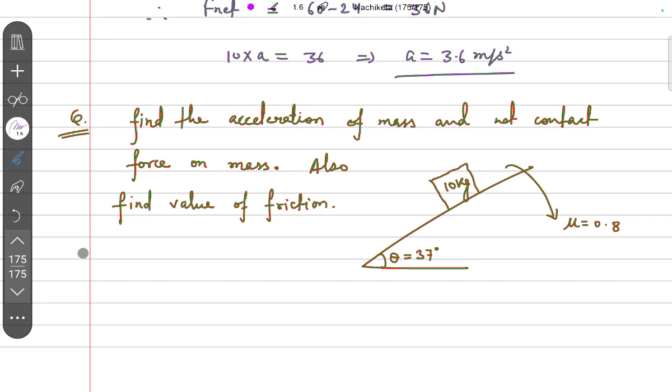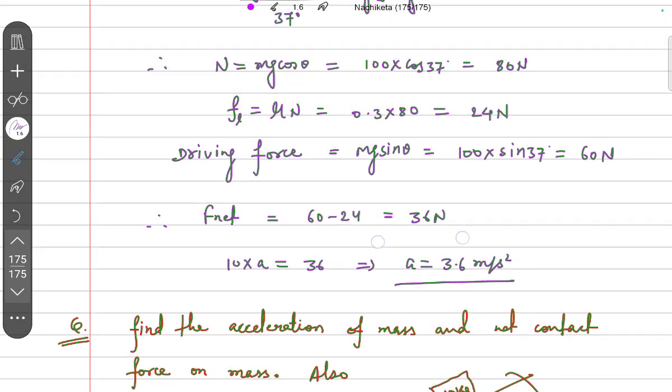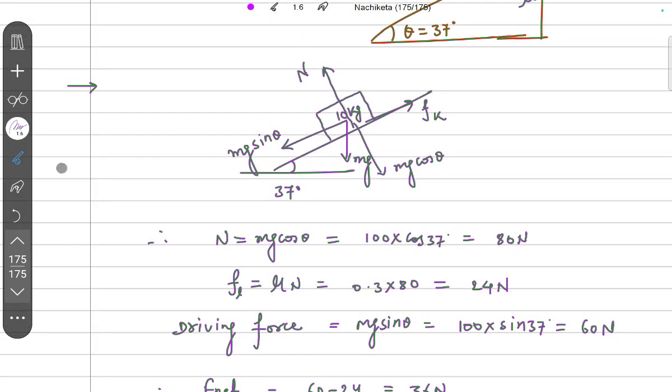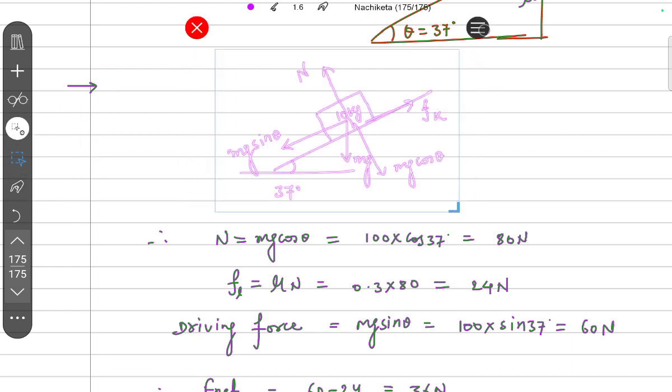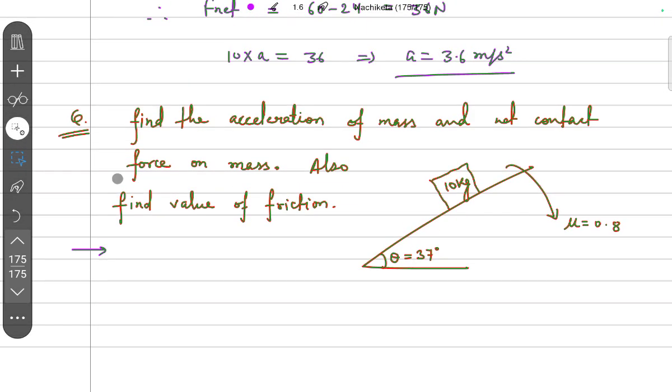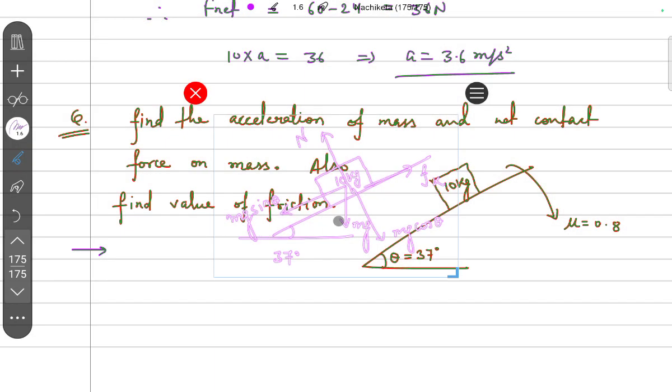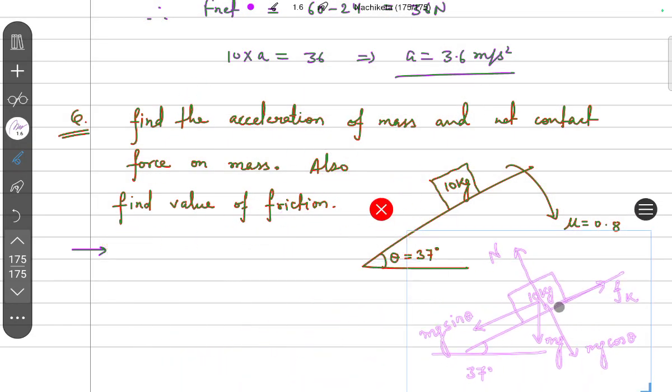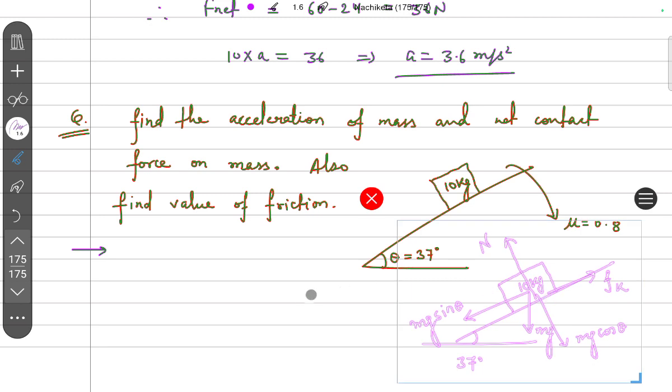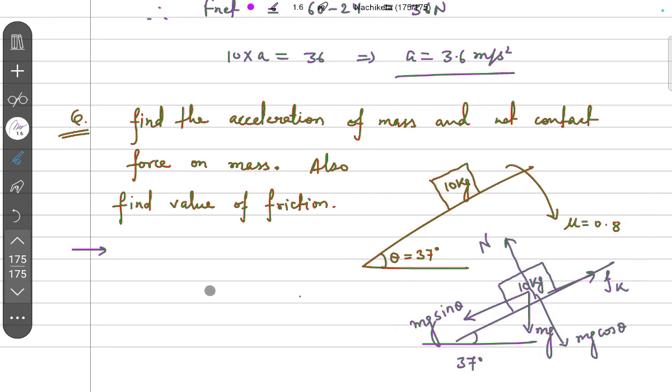See, again, we'll have to find out first of all, same FBD will be there, so I will just copy it because there is no difference. Only point is that values will change.